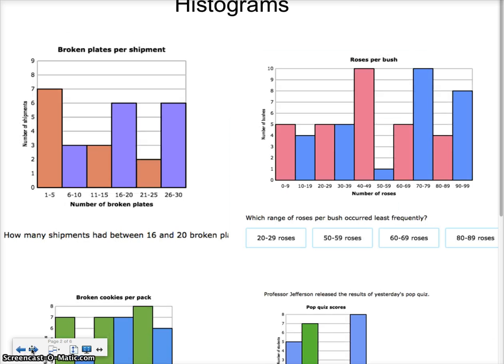Okay, histograms. Histograms are like bar graphs. The difference is they are intervals, meaning instead of one specific number, you'll have a range, a variety. Notice down here we have number of shipments and number of broken plates.